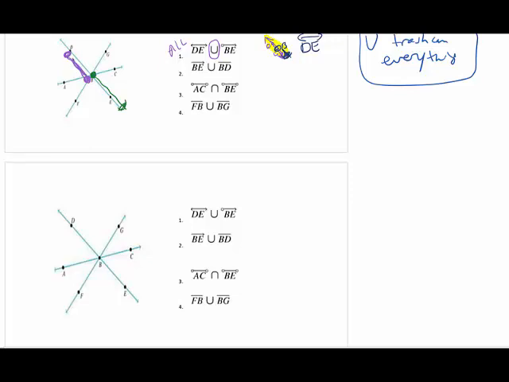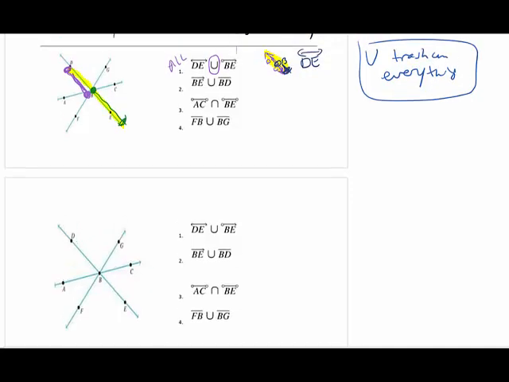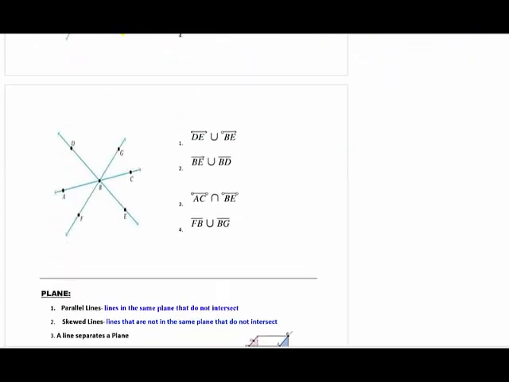And union, be careful again, union is my trash can. I can put everything in it, so I want everything that's colored in. So notice I start at D, and it's included because both of them have a dot, and I am towards an arrow of E. I'm going to use this bottom drawing here now to do the last 2.